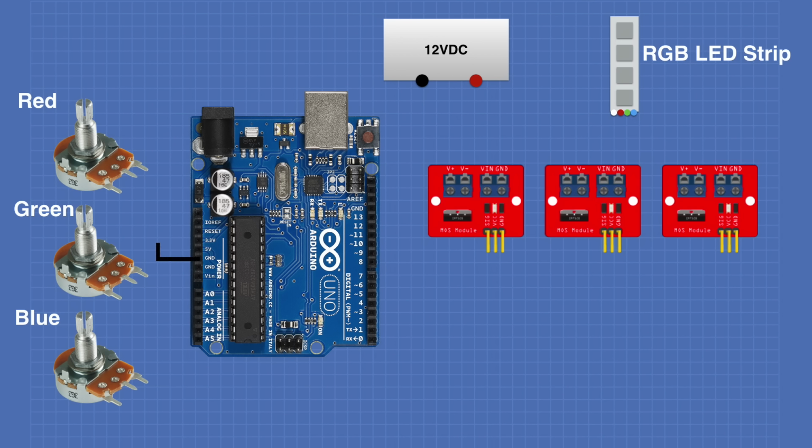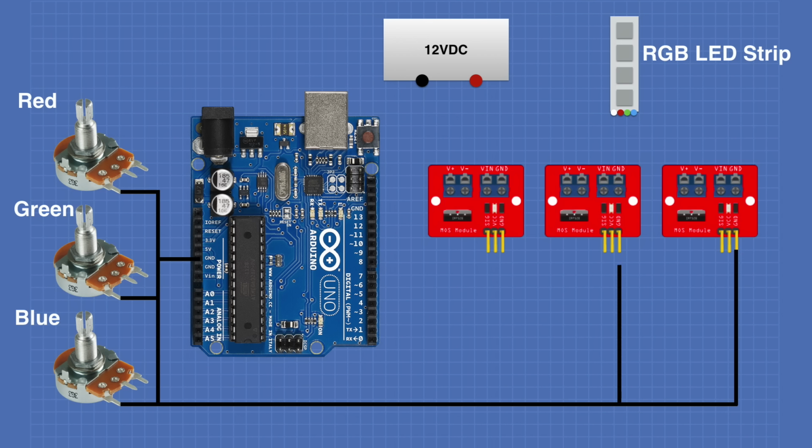We'll start by connecting the ground from the Arduino to one side of each of the potentiometers. We'll also connect that same ground to the ground terminal on the MOSFET modules. We'll connect the 5 volts in the Arduino to the other side of the potentiometers. We'll connect the wiper of the red potentiometer to analog input A0, from the green pot to input A1, and from the blue potentiometer to analog input A2.